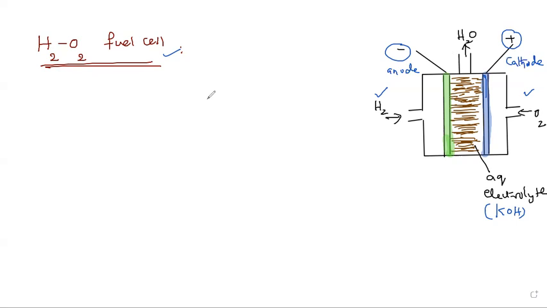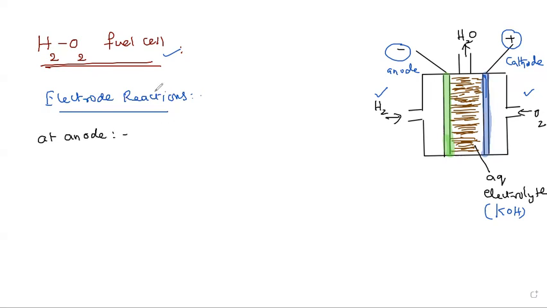What kind of electrode reactions will take place, we will see. We will observe the electrode reactions which are taking place at the anode and cathode. First we'll see the reaction taking place at the anode.